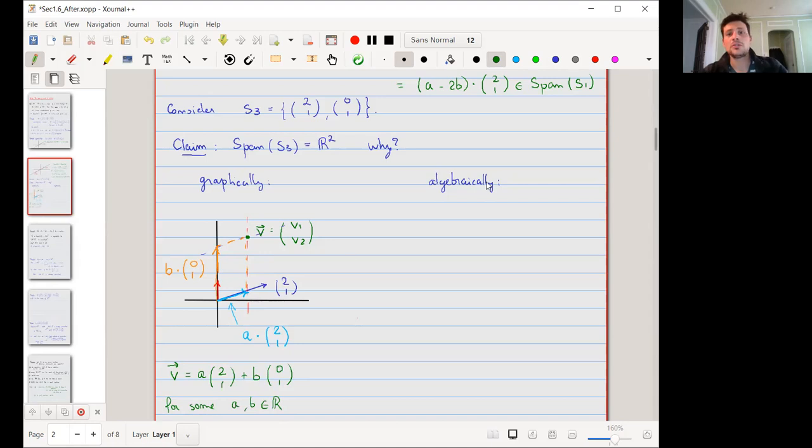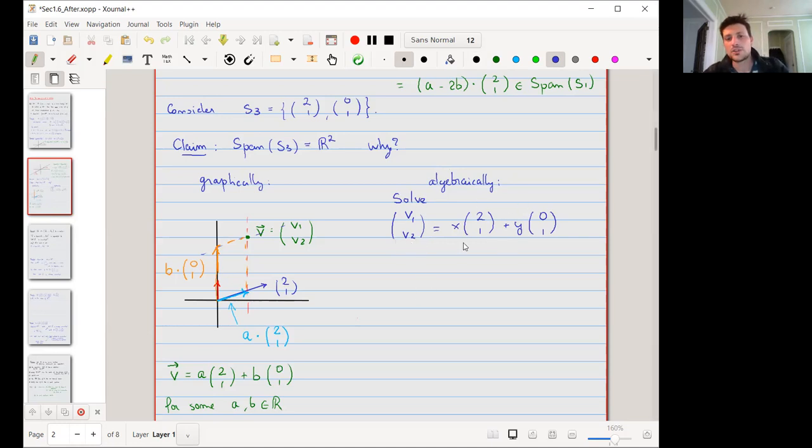This is a justification. If you're not happy with it, we can also think algebraically. And algebraically means to set up a system as follows. I would like to write (v1, v2) as a linear combination, and allow me to use x's and y's here. v1 and v2 are constants, x's and y's are variables.